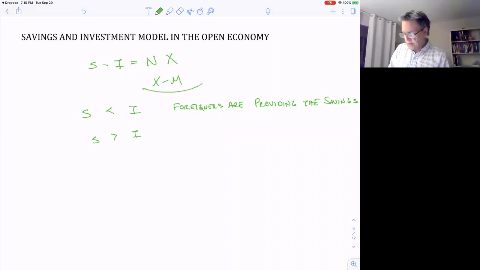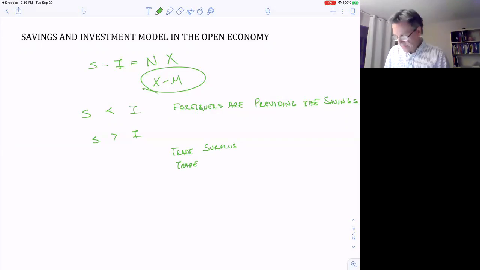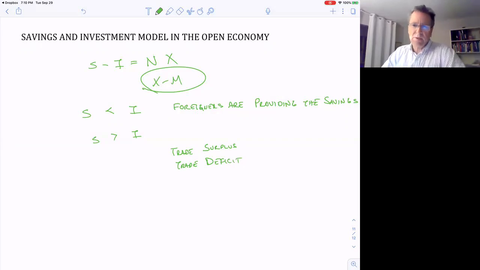Now, this difference in exports minus imports, net exports, is the trade balance. So we can look at the trade surplus or the trade deficit to make up the difference between domestic savings and investment.